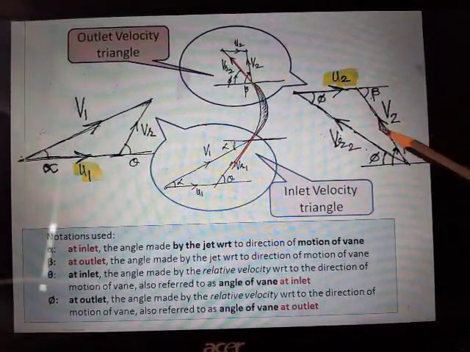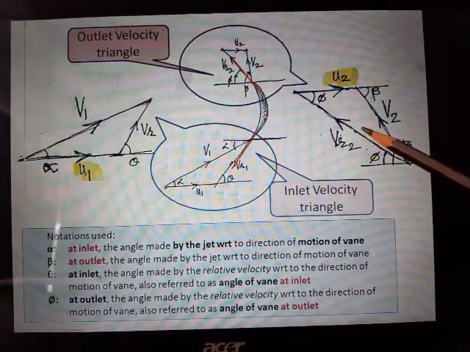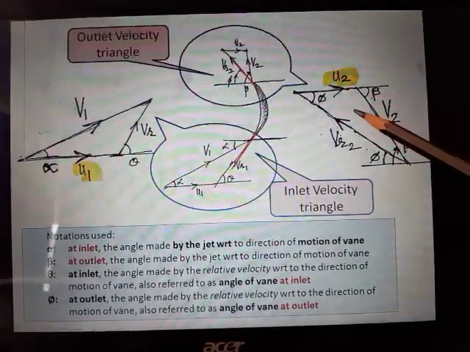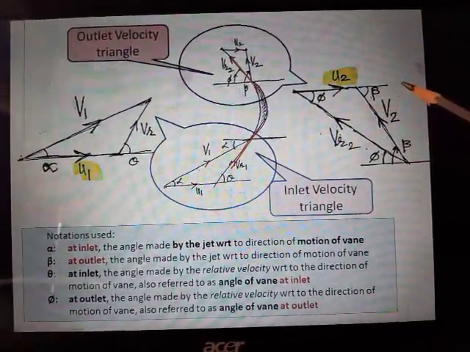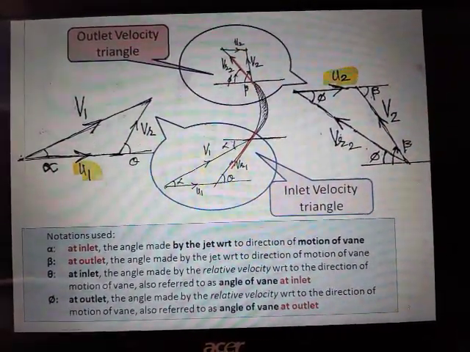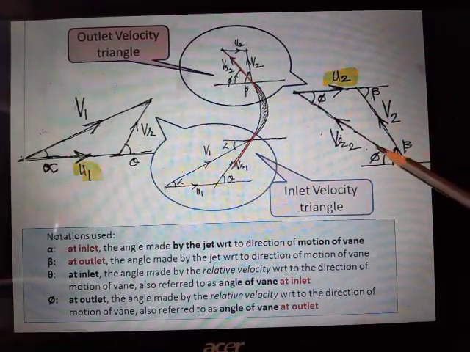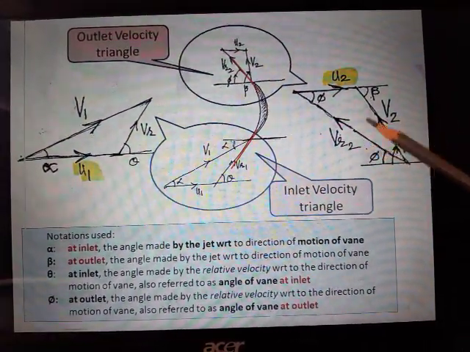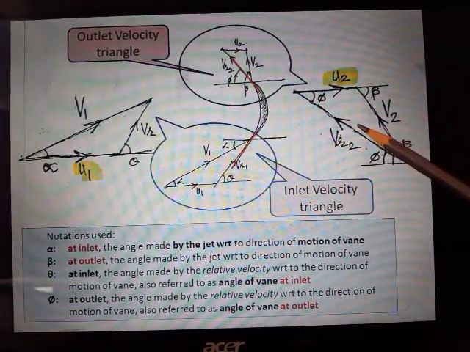Now why is it relative velocity? You know the concept: relative velocity, that is the velocity of A with respect to B. If you recall, V of A with respect to B is equal to VA minus VB. Now in this case, it is the relative velocity, the velocity of the jet with respect to the vane.